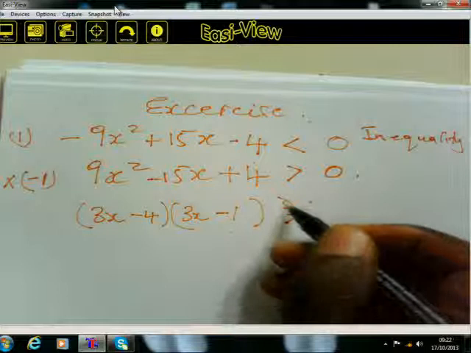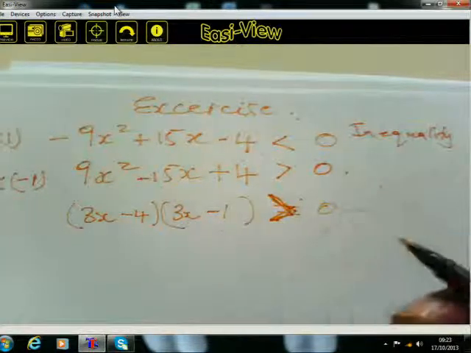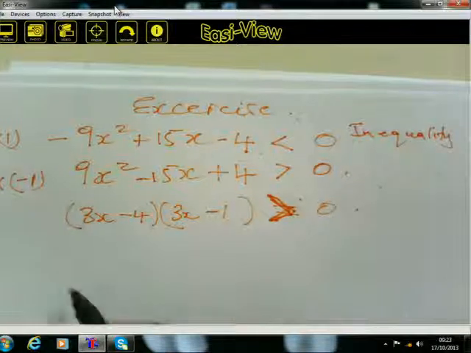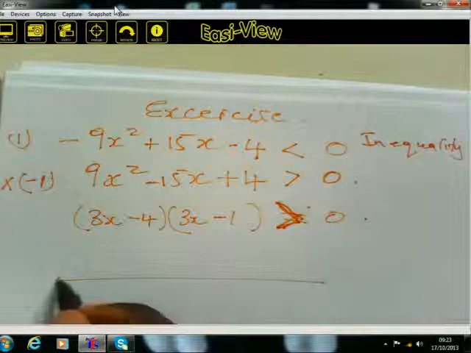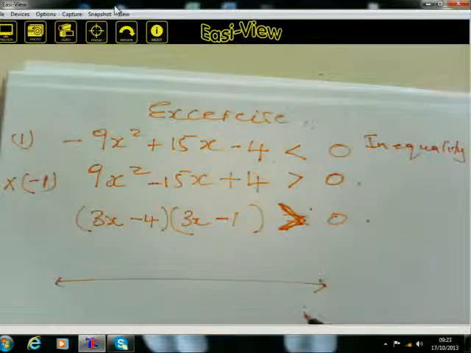Now, this thing is greater than 0. Remember that? Now, to get my finishing answer, I'm going to draw a number line here.